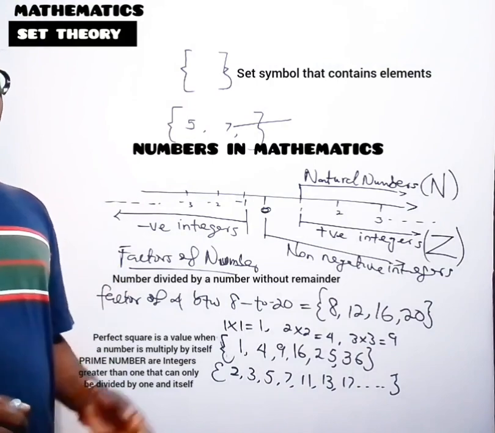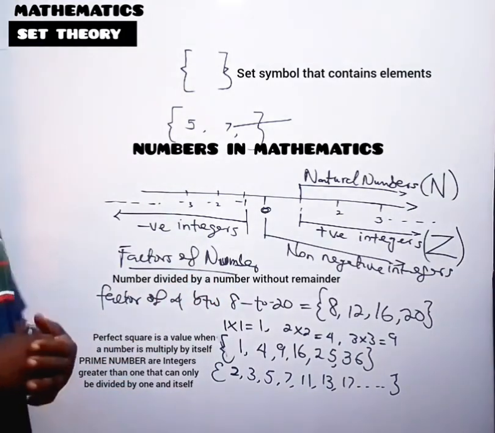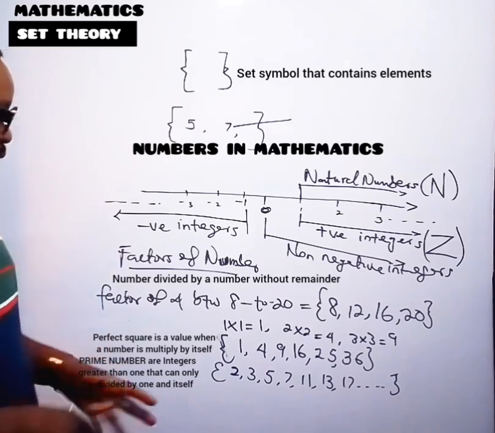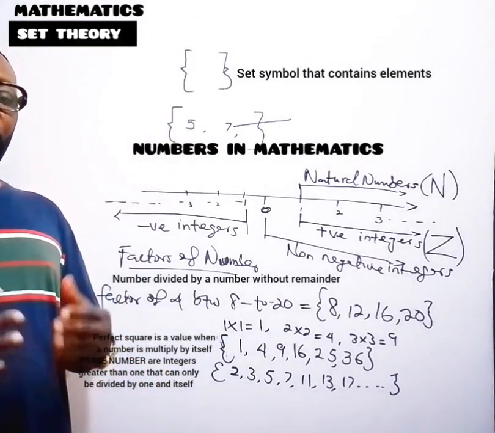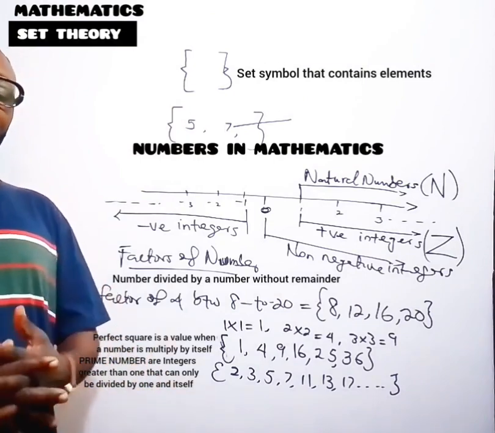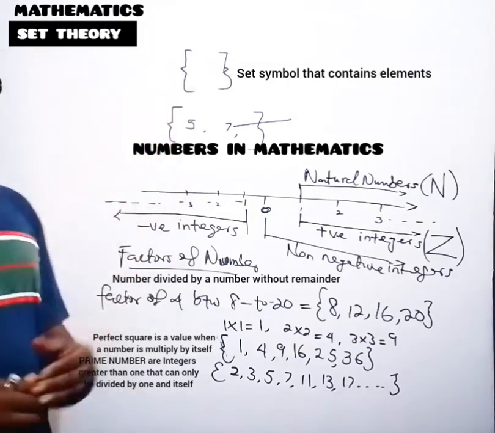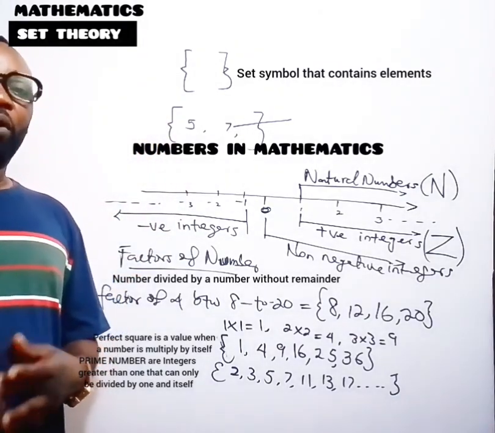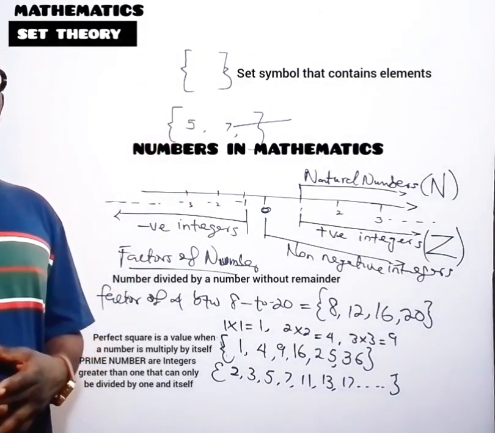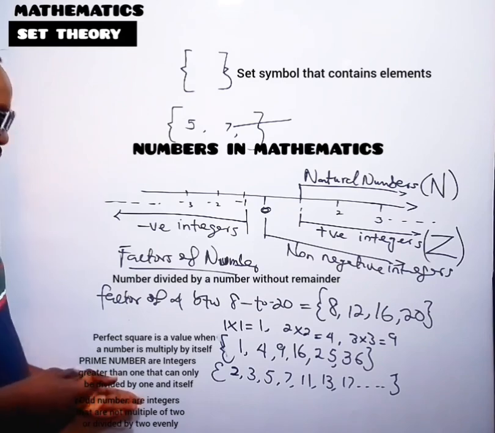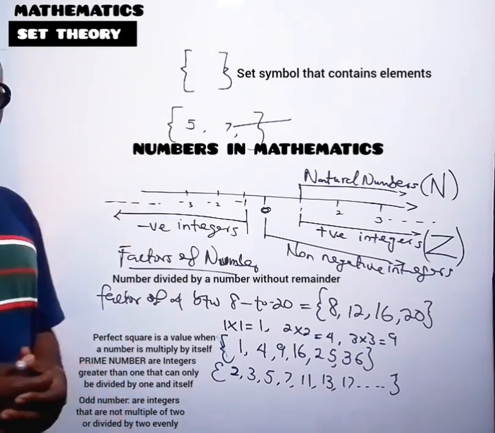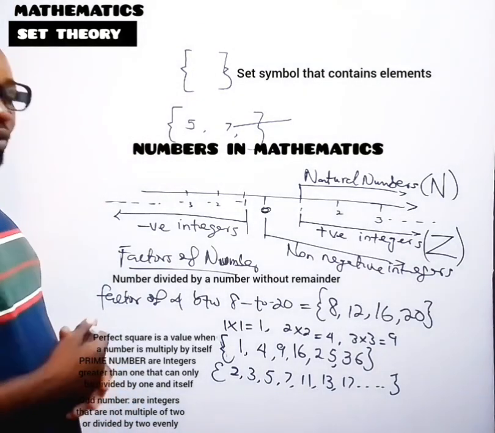Now, odd numbers are another kind of number that we also need to talk about when we are talking about the kind of values that we can be asked to bring out information on in set theory. Odd numbers are numbers that are not multiples of 2.